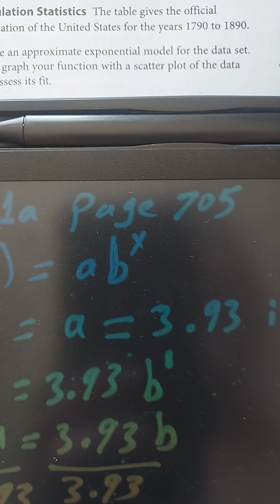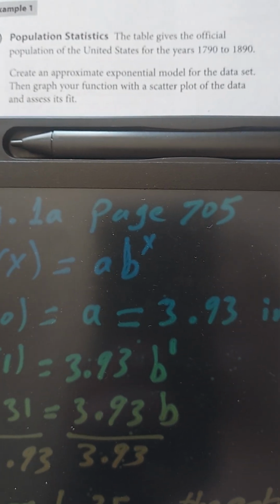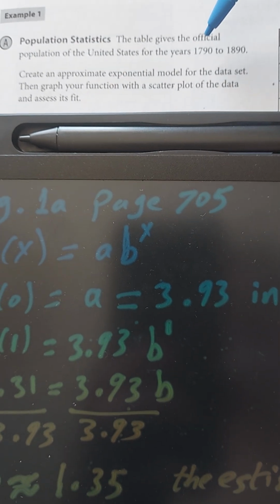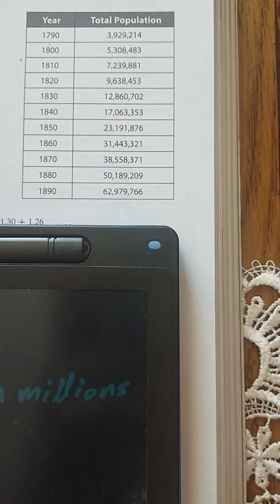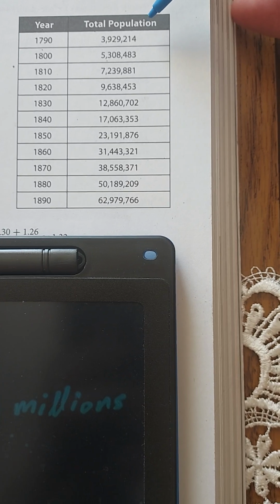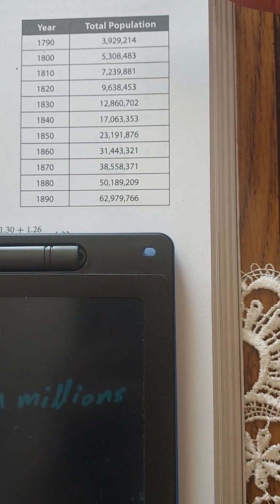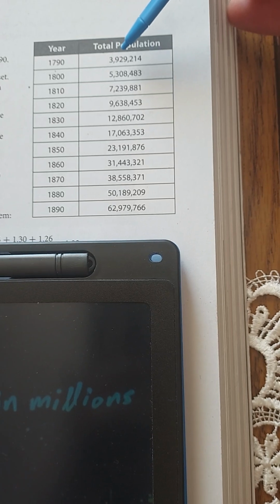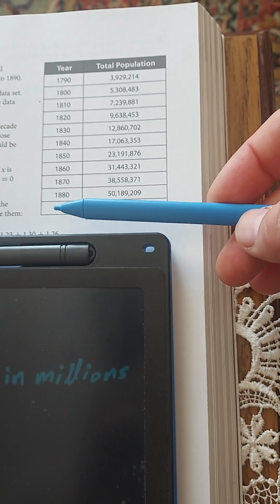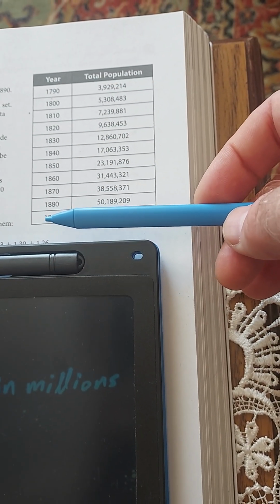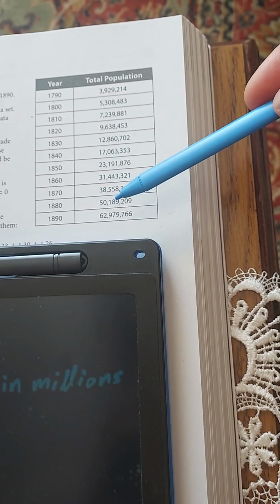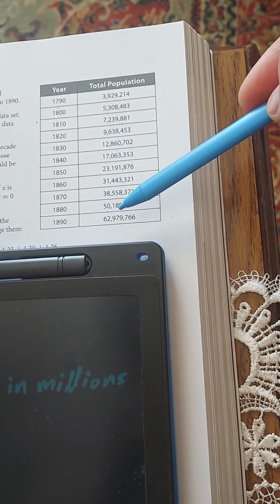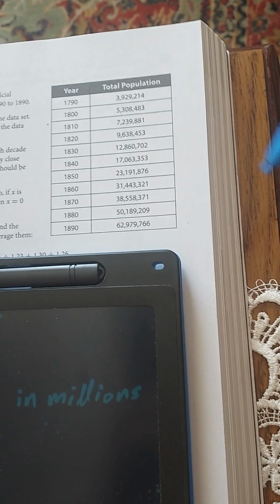The question is about population growth in the United States between the years 1790 and 1890. The table shows the population in millions for each year. In 1790 it starts with 3.93 million and goes all the way to 1890, to 62.98 million.